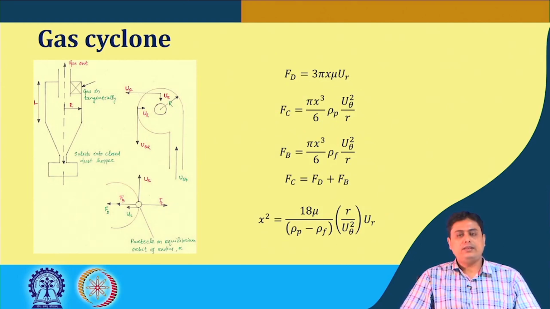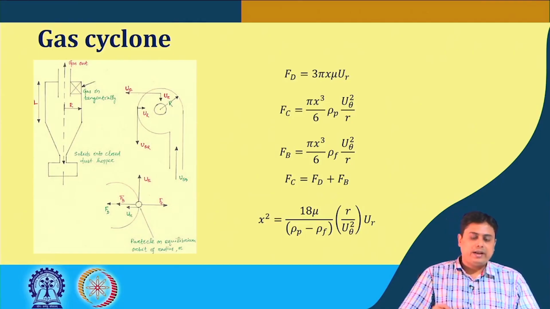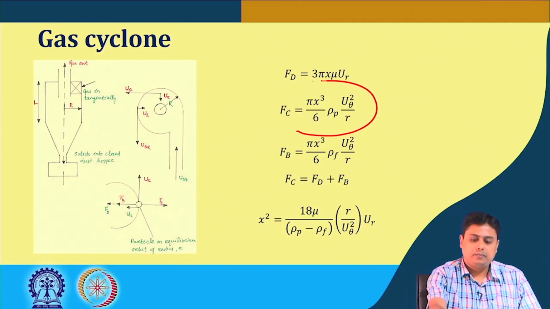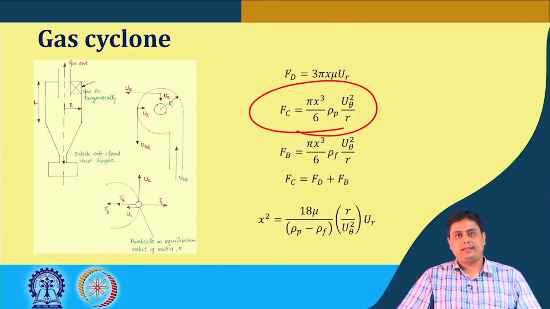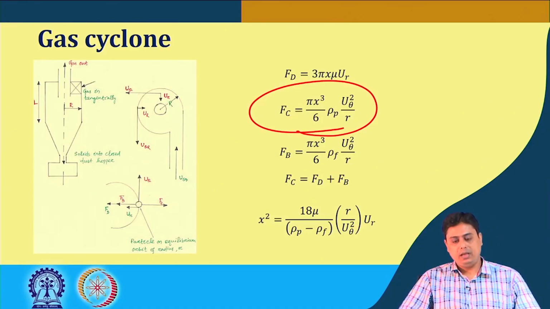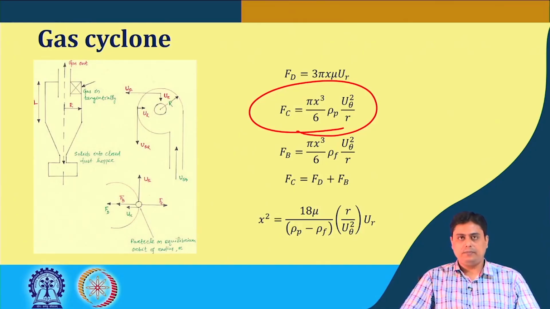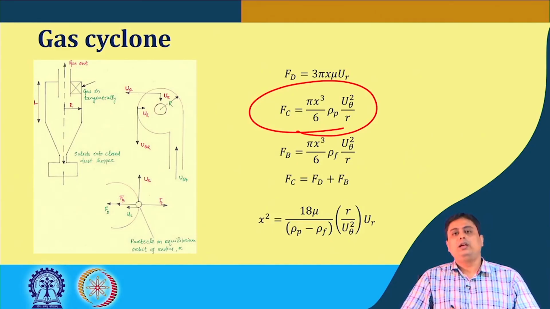Then the centrifugal force Fc we can write as pi x cube by 6 rho p u theta square by r, where u theta is the tangential velocity of the particle moving in an orbit of radius r at equilibrium.